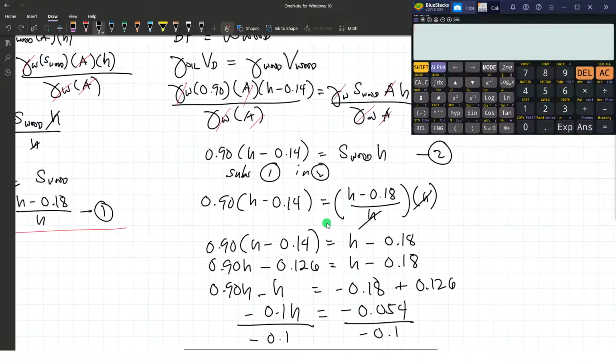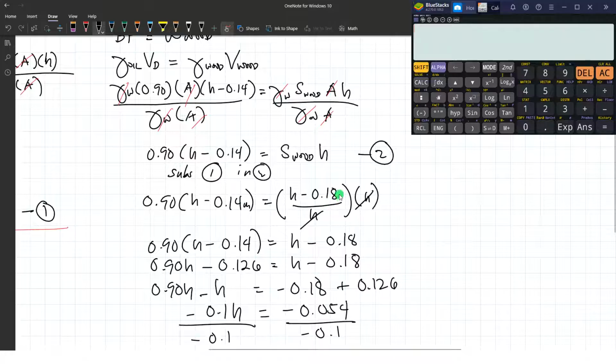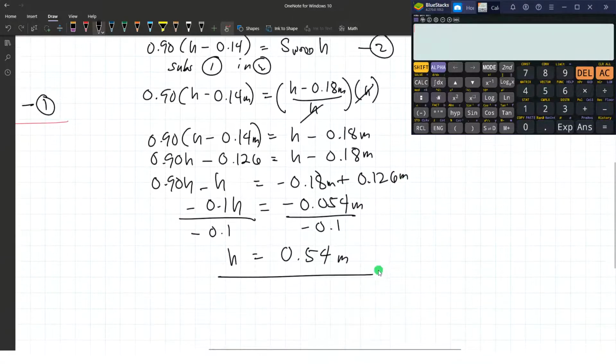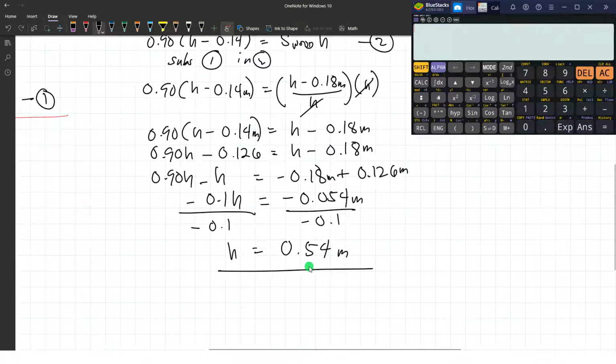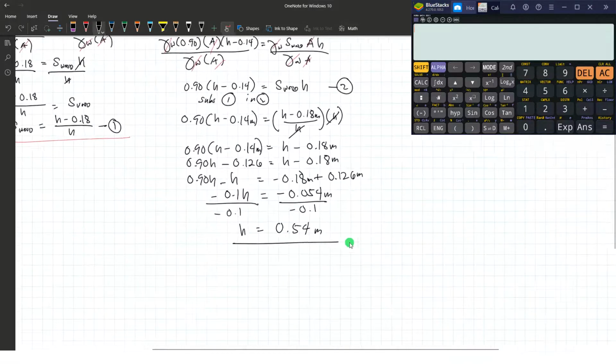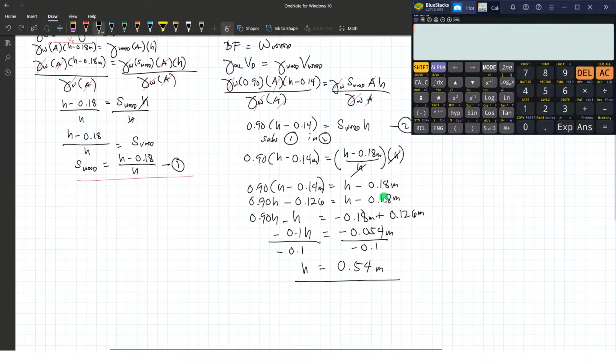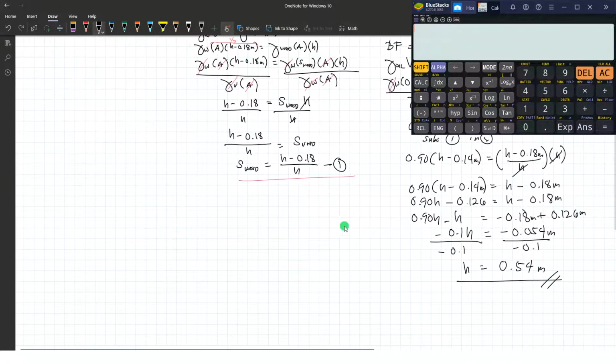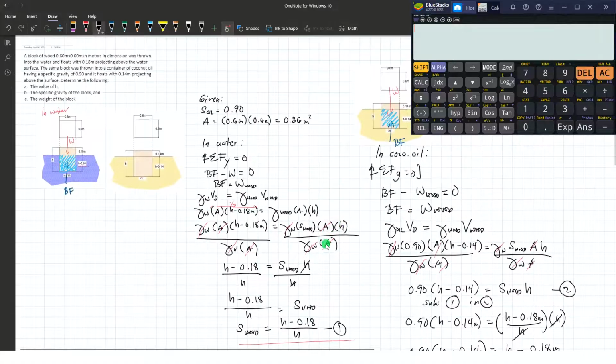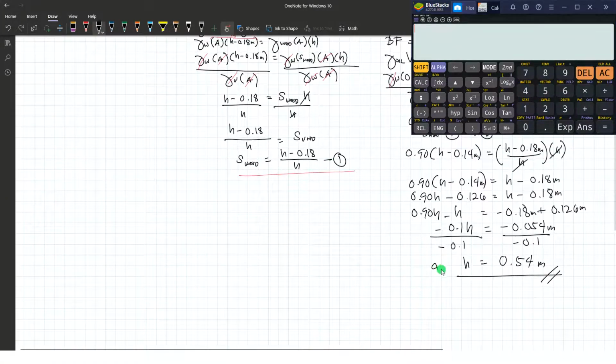I didn't write it, but they are in meters. So that is 0.54 meters. That's your total depth of the wooden block. So that's the answer for letter A, the value of H.